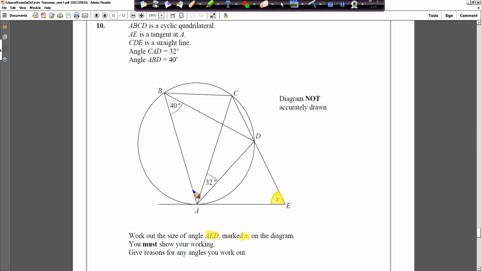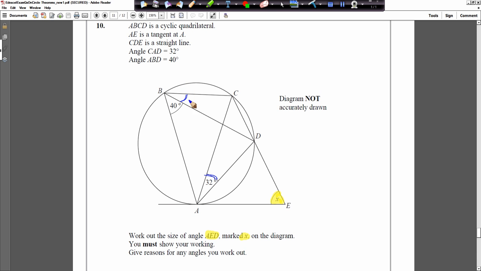Okay, what can we tell straight away in the beginning? So we've got 40, 32. What else can we fill in? If this is a 32 over here, is there another 32 in the diagram? Can anybody see another 32? Yeah, next to the 40. So this is going to be the same as that.